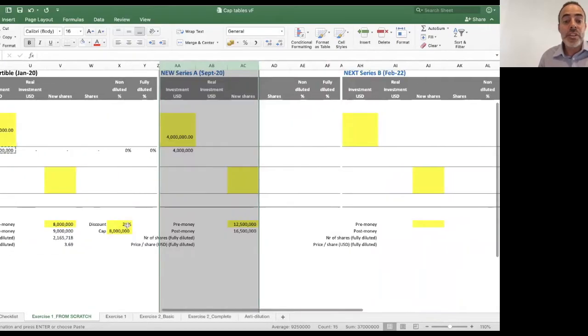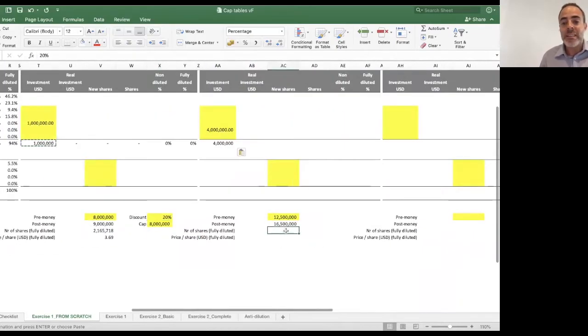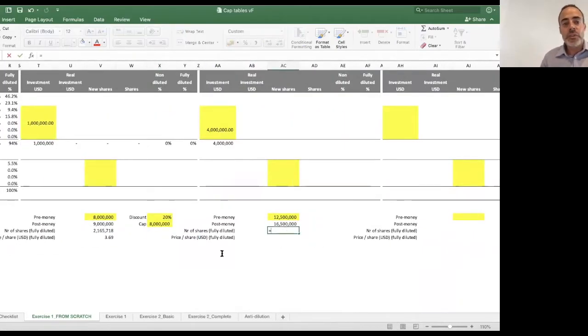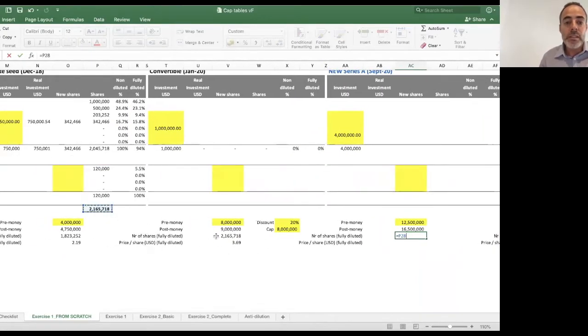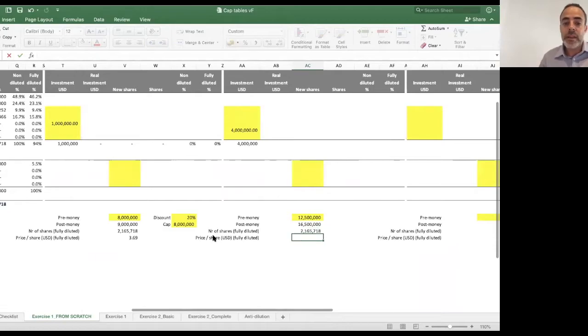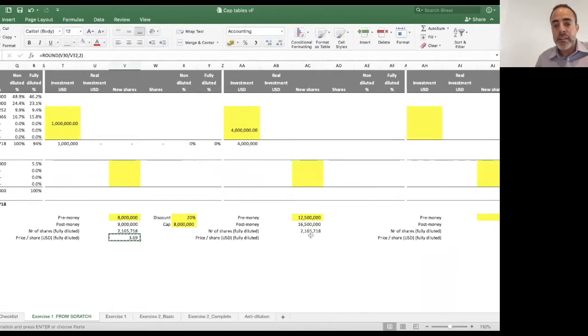So the number of shares you use in this calculation is exactly the same as the one used in the convertible. Okay, so I take 2.165, and the share price here will be calculated as 12.5 divided by 2.165. So the difference between this share price and this share price is still 20% discount.